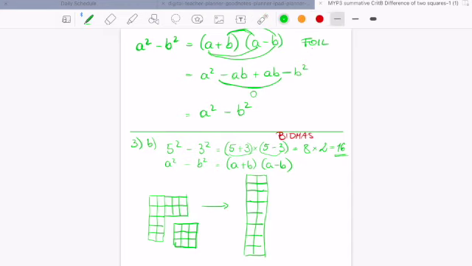And I get a rectangle that has a length of 8, which you can find here, and a width of 2, which you can find here. Yeah, so that's the geometric findings that we could have seen in this work.